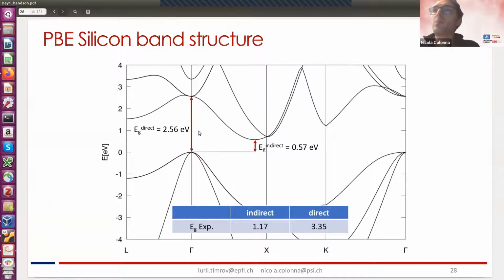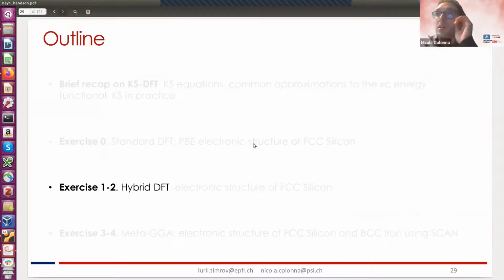It's a very fundamental problem, but in a sense it prevents you from using blindly simple local functionals to predict this kind of property. So one way to go beyond this is to switch to hybrids, as Professor Kronig was showing before, and let's see how to do this with Quantum Espresso.